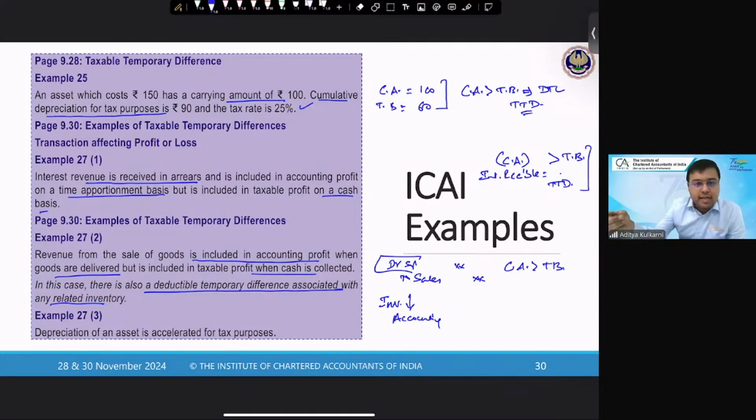Since I booked a sale, I'll book a cost. Since I booked a cost, inventory value will come down. Yes or no? Yes, sir. Whereas in the case of tax, that will not happen. So inventory for tax purposes will be higher, and therefore this gives rise to a deductible temporary difference.